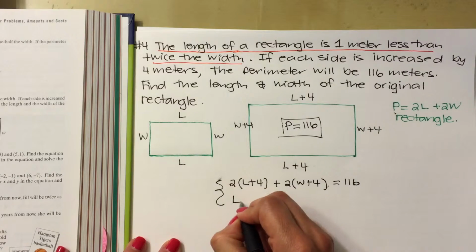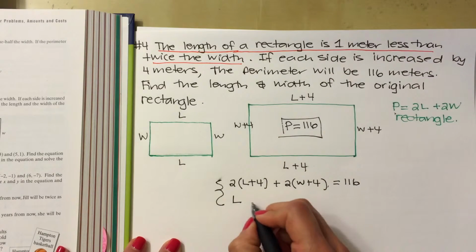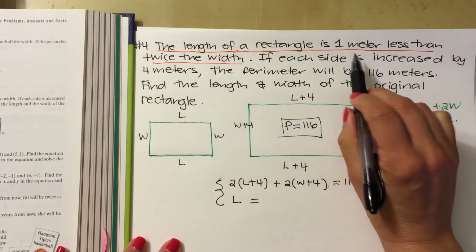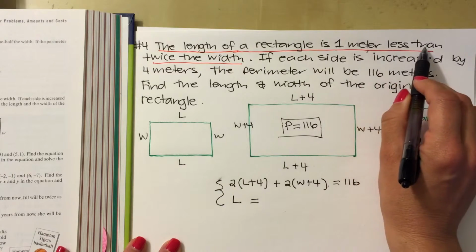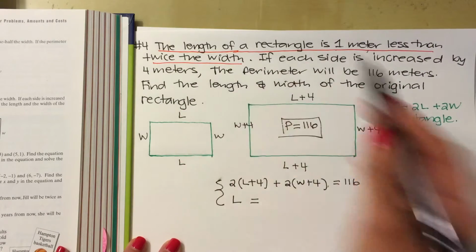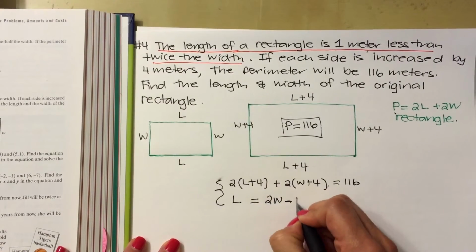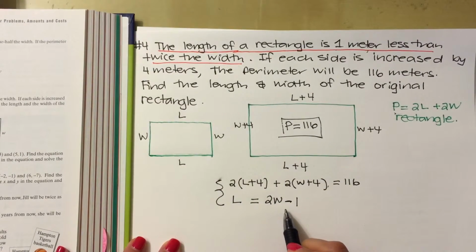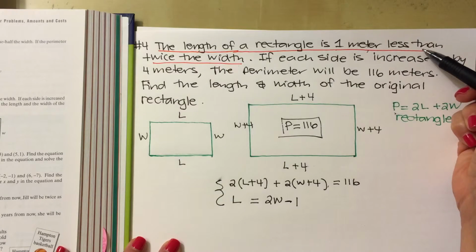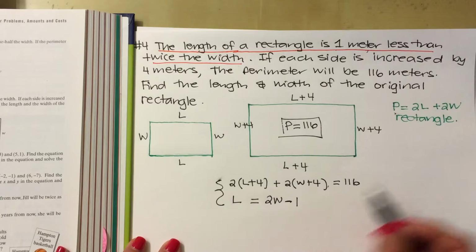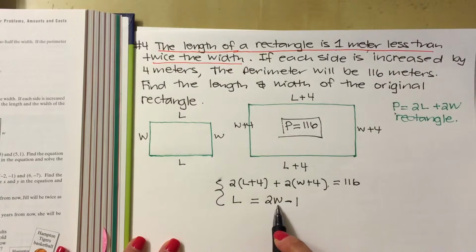So that length translates to equals 1 meter less than twice the width. So 2W minus 1. Why did I switch the order? When you see less than, you switch the order. It's the last part first, first part second when you subtract. That's the rule for the less than translation.